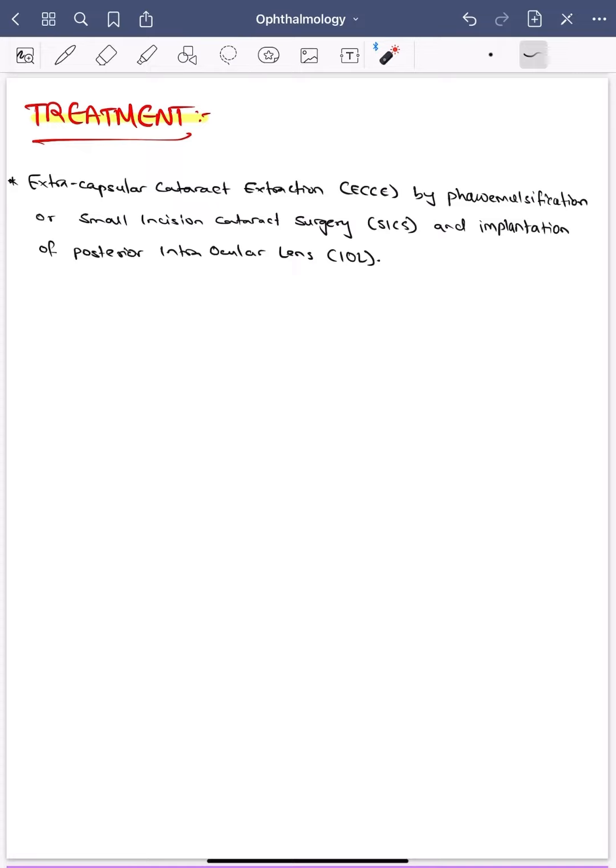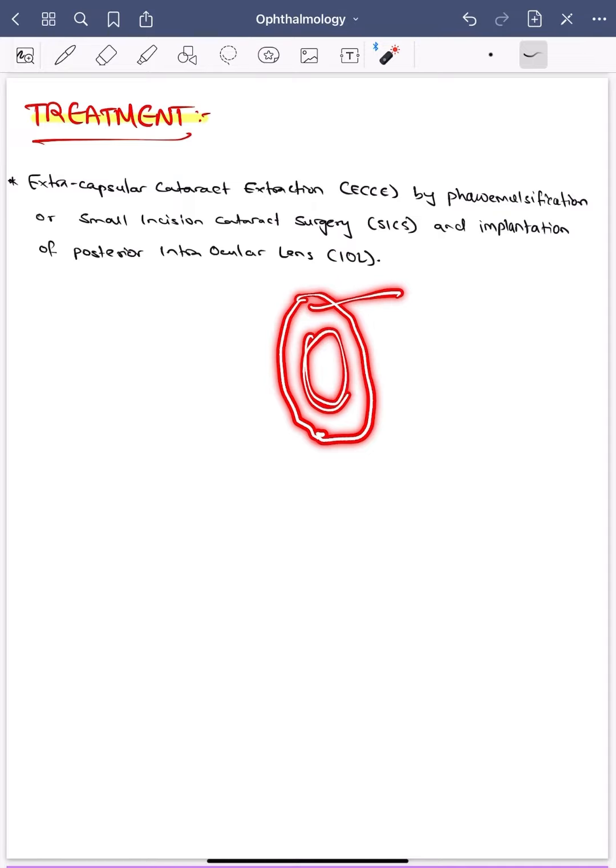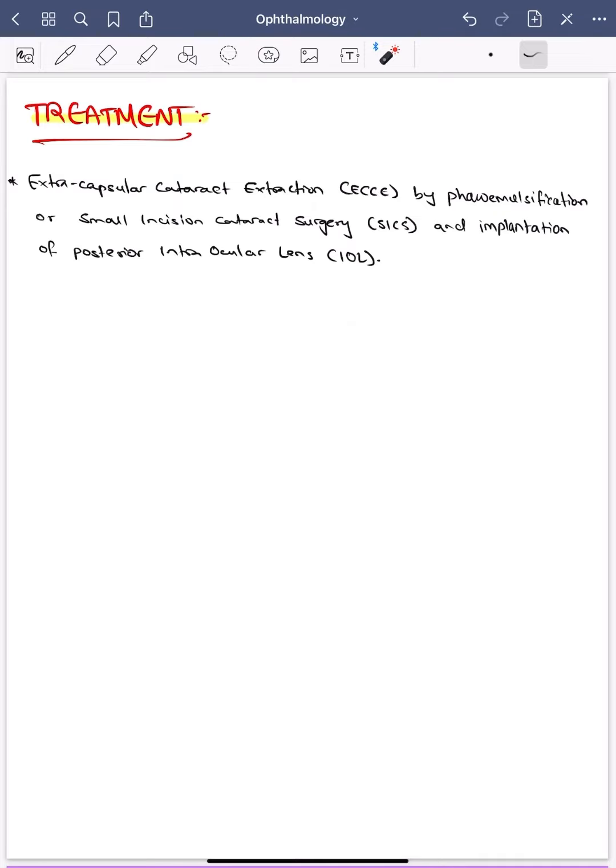So this completes our discussion on cataract, where we discussed the basic anatomy of the lens, the cortex and the nucleus. Then we discussed the definition of cataract, which is basically an opacity in the lens or its capsule. Then we discussed in detail the senile cataract, where we discussed the morphological types. So remember, cortical senile, nuclear senile, and mixed senile cataract.